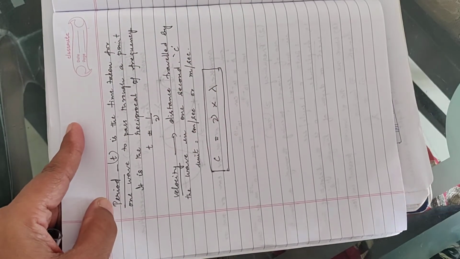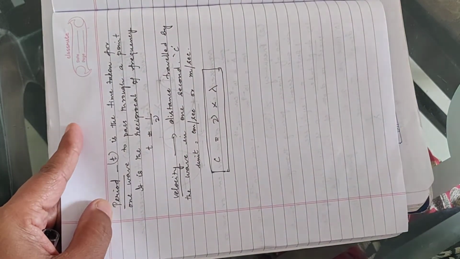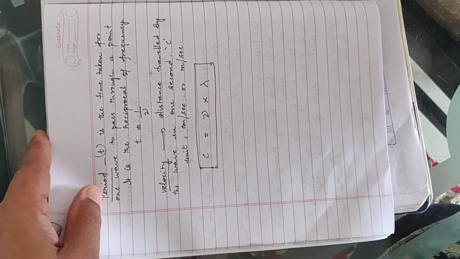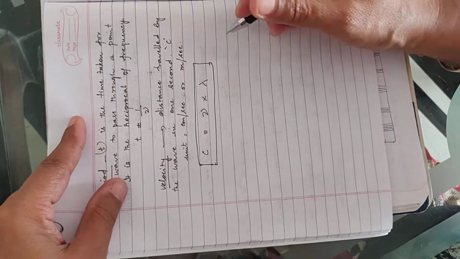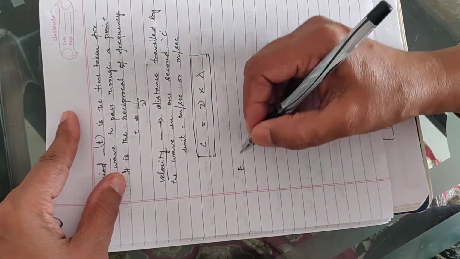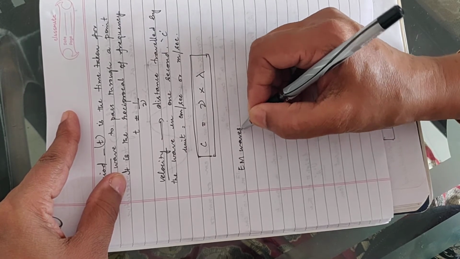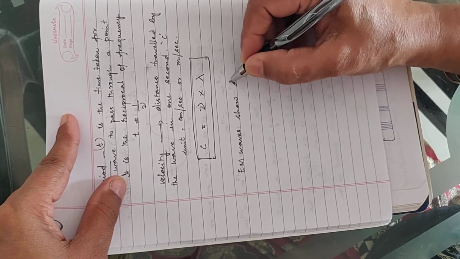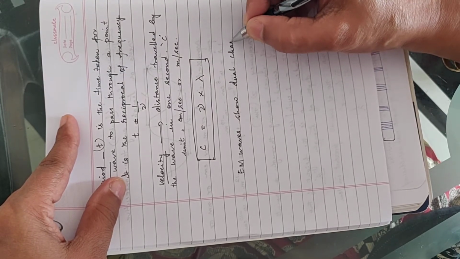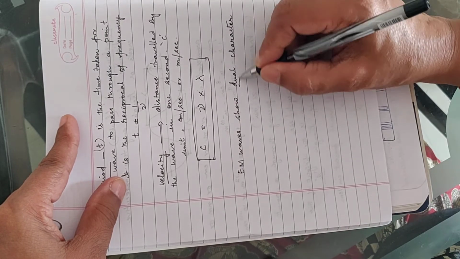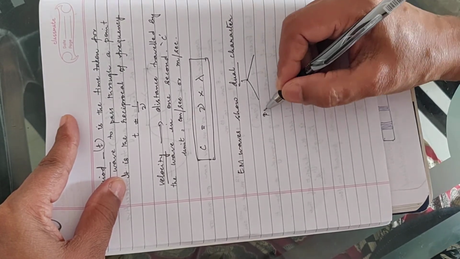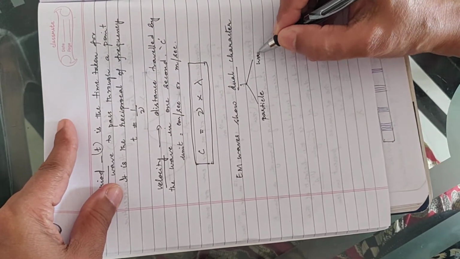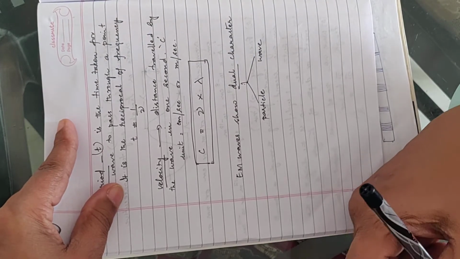When this electromagnetic theory was established, these electromagnetic waves were established to show dual character. Now what is this dual character? Particle character, which was established by Newton, and wave character, which was given by Bohr.